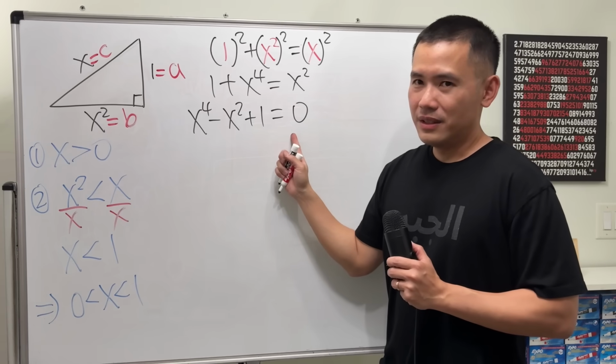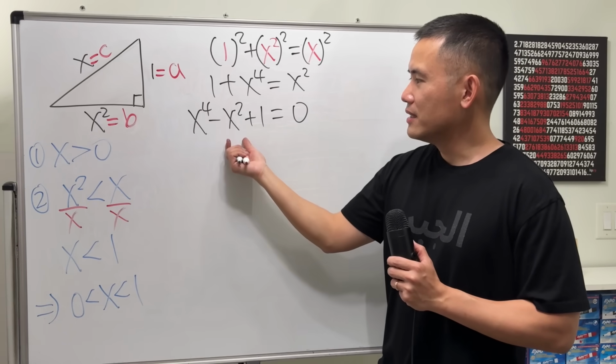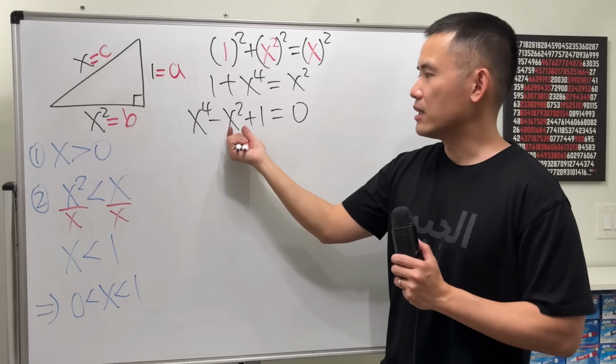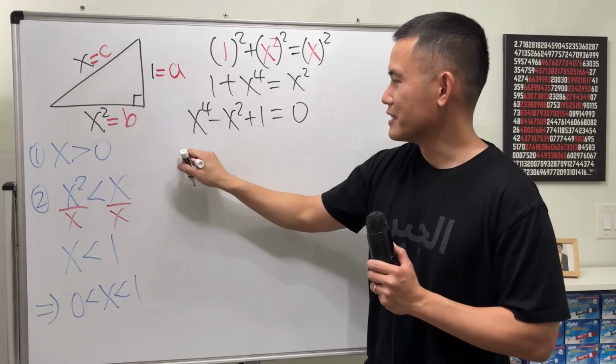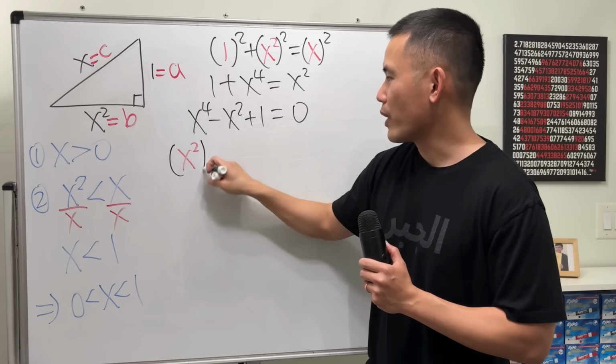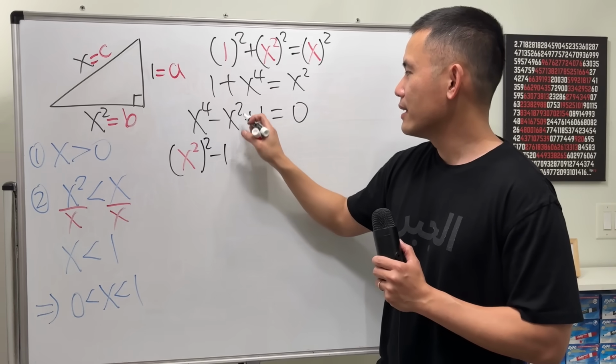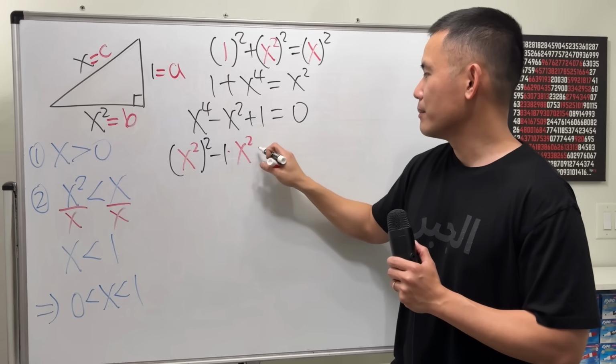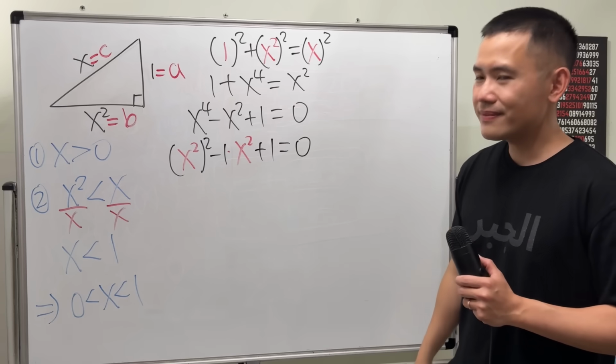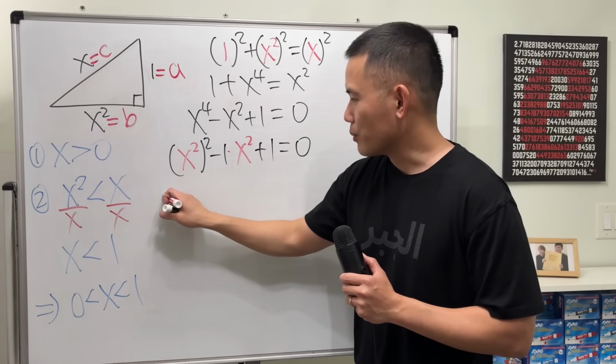The key to solving this, the easy way, is realizing this as a quadratic equation in terms of x squared. Because this is the same as x squared, and then minus 1 times x squared, and then plus 1 is equal to 0. Let's use the quadratic formula.